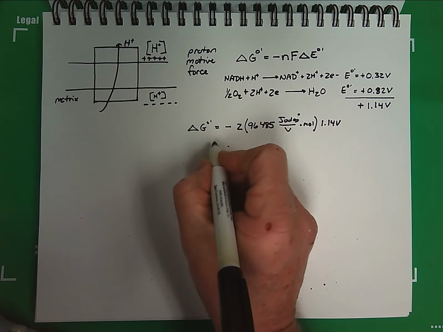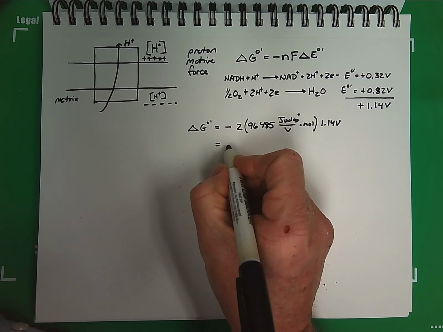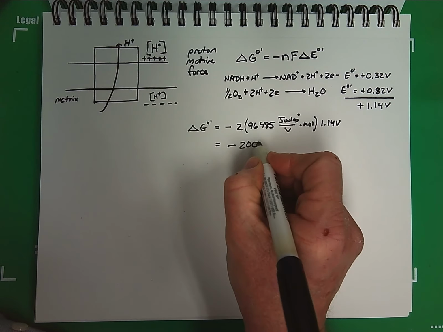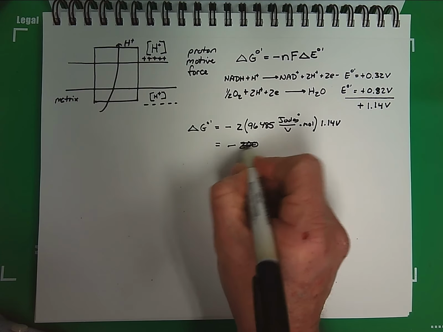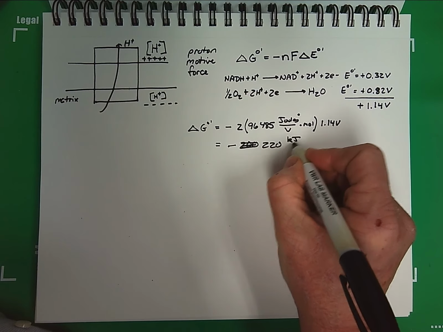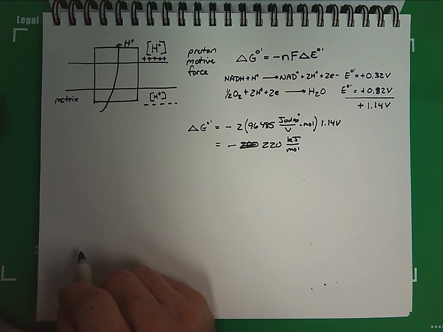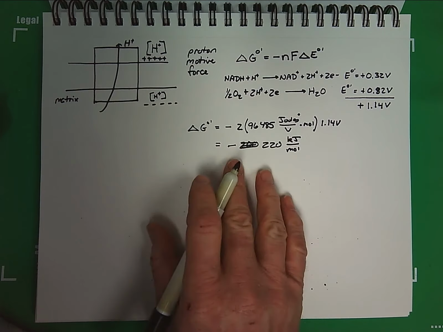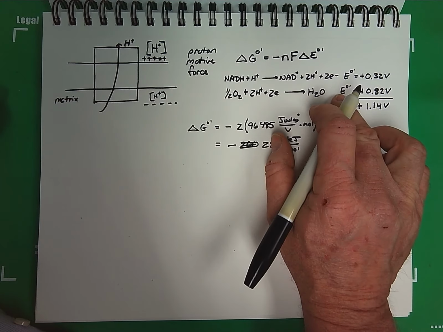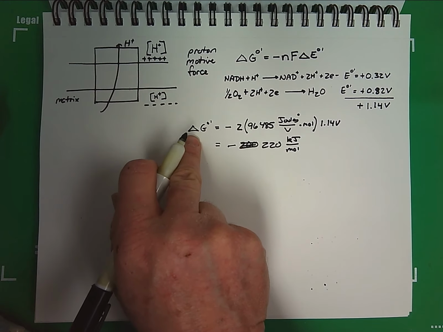If we do our calculation here, the standard free energy change becomes negative 220 kilojoules per mole. So this is the relationship of the standard potential change, electrical potential, compared with the free energy change.